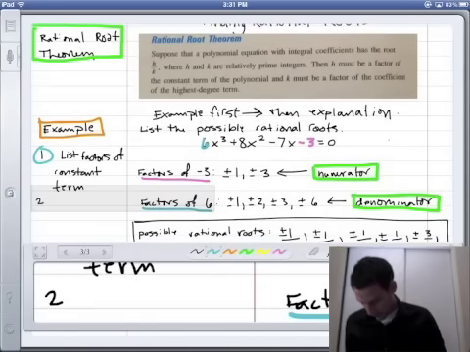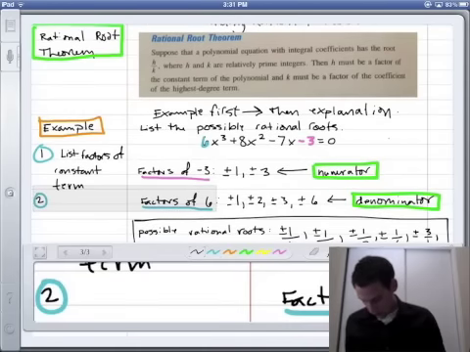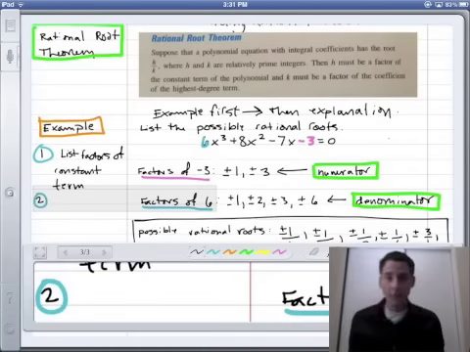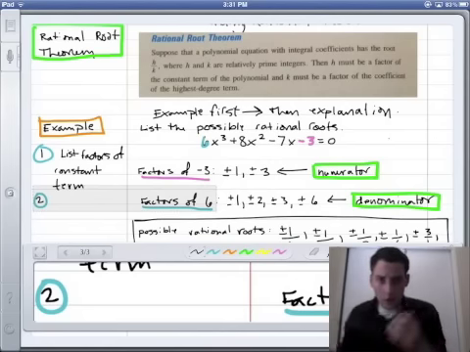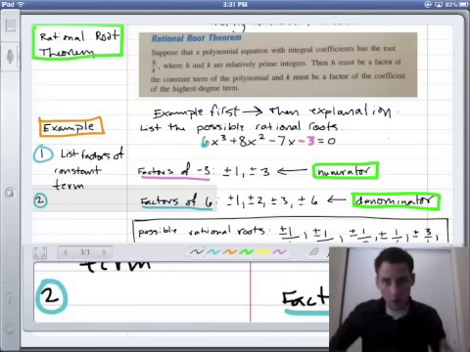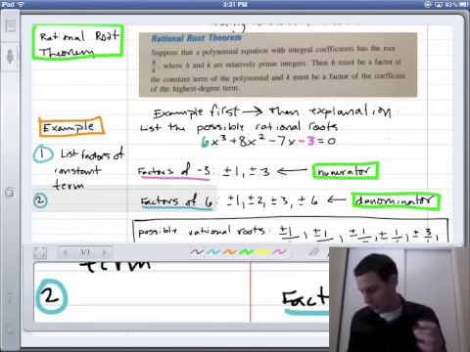Second step was to list the factors of the coefficients. List the factors of the coefficient of the highest degree term. Just look at the highest degree term, get the coefficient, write down its factors.